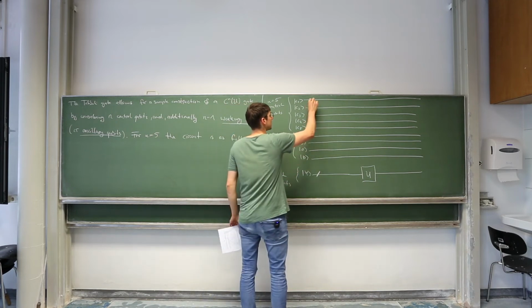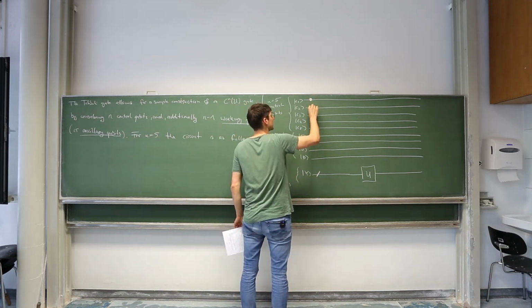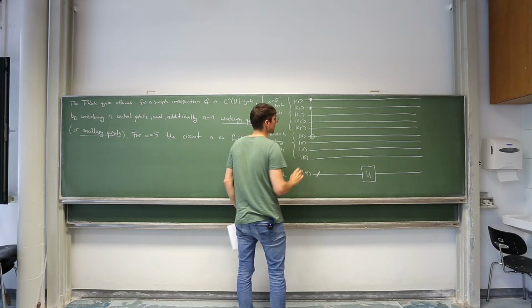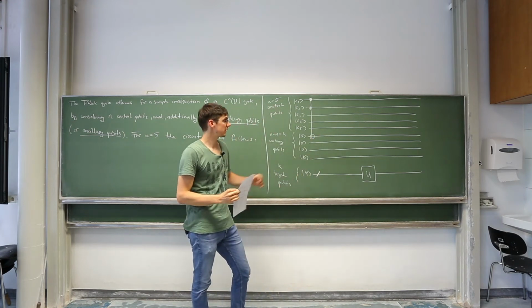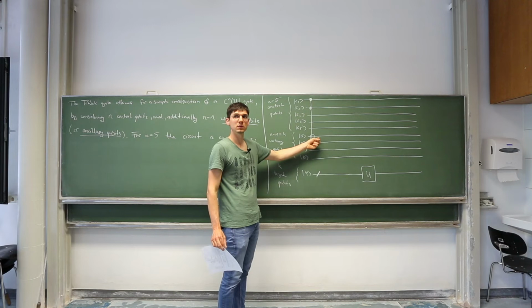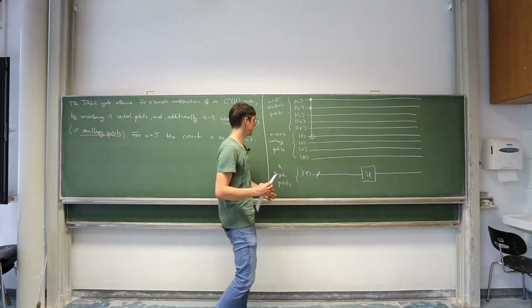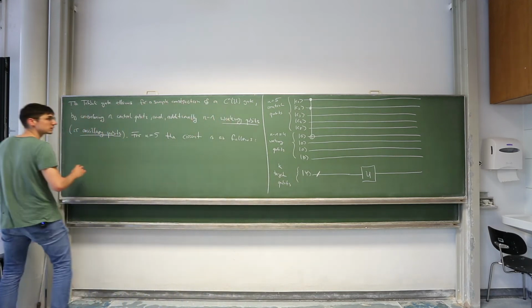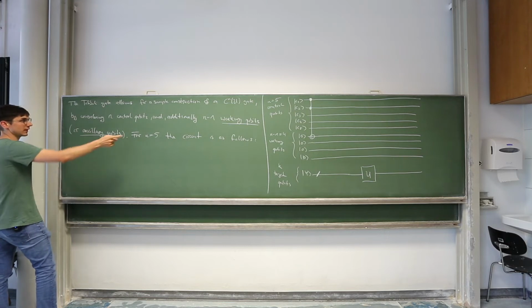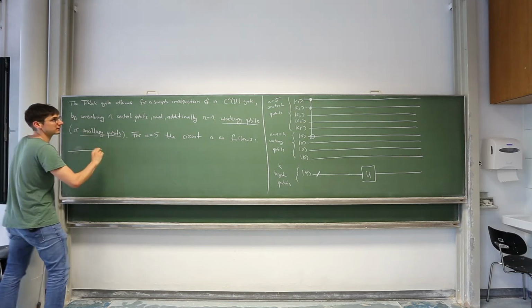So first we have a Toffoli gate which is controlled on C1 and C2, and it acts on this working qubit, such that the working qubit goes from 0 to C1 times C2. So remember, I simply write this down here.